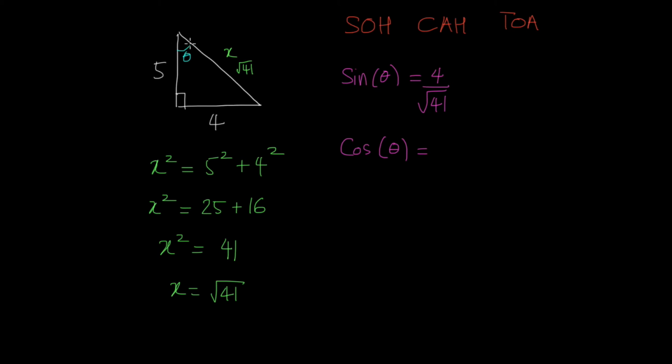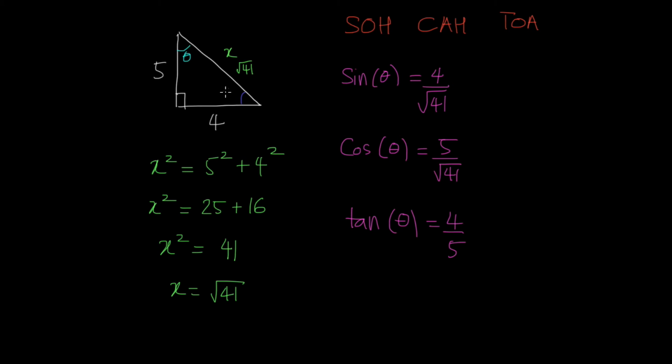The adjacent side to this angle is 5. So we have 5 over the hypotenuse, which is square root of 41. And finally, the tangent of theta is opposite over adjacent. So my opposite side is 4 over adjacent side, which is 5. So 4 over 5.